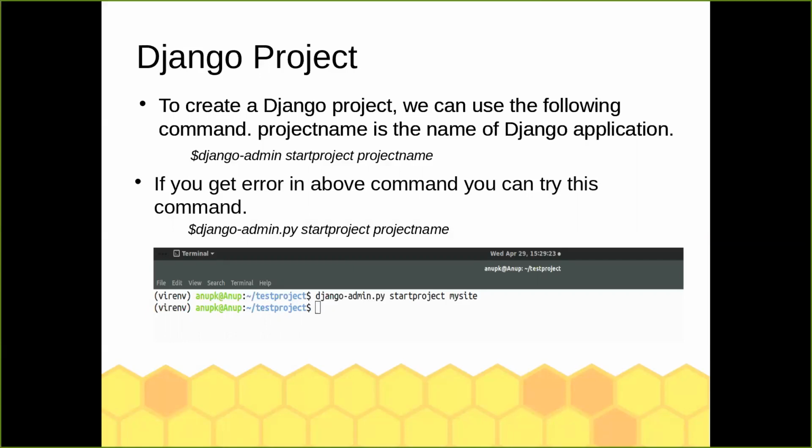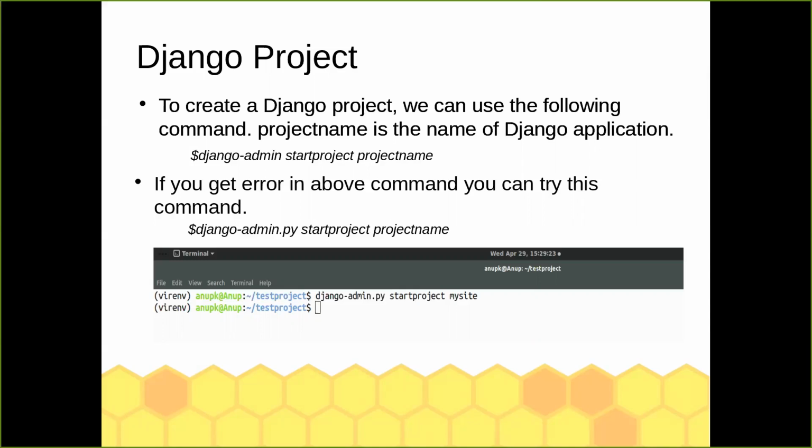Django project. In the previous slide, we installed Django successfully. Now, we will learn the step-by-step process to create a Django application. To create a Django project, we can use the following command: django-admin startproject project-name.